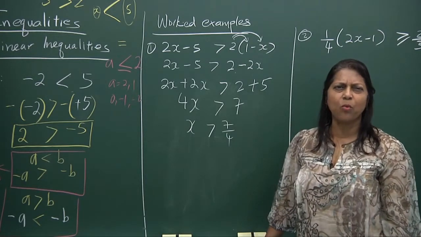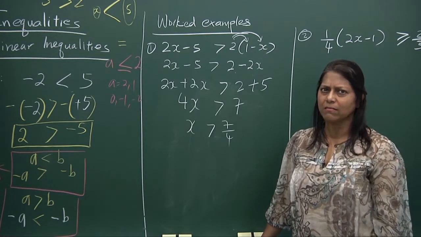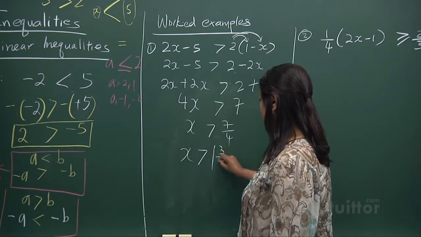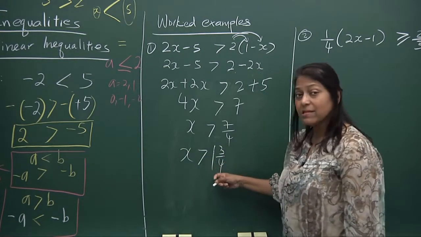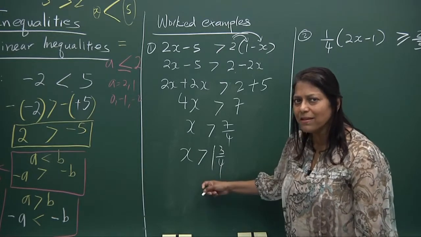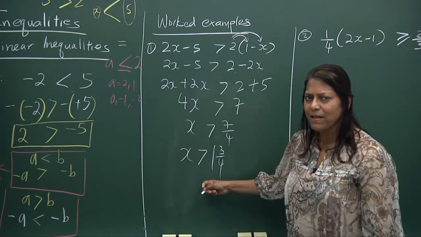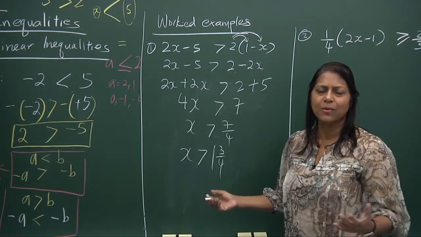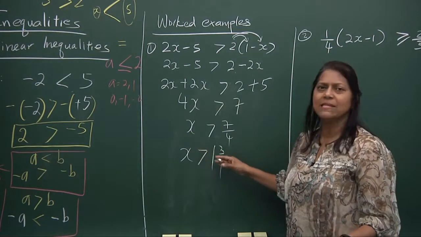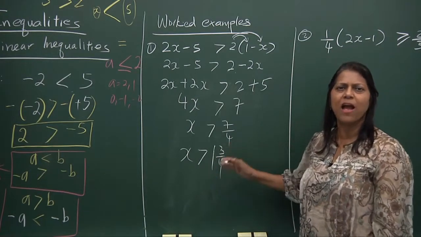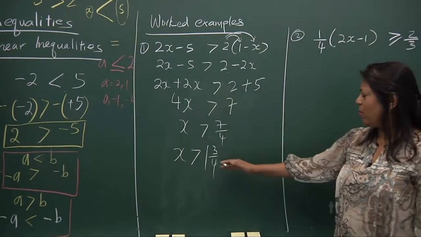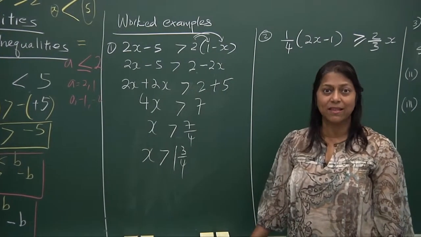7 over 4 is about 1 3/4, right? So if they ask, what is the smallest prime number here? X will be 2. Of course, I can't tell you the largest prime number because it's never ending: 2, 3, 5, 7, 11, 13, it goes on and on, the whole list as long as it's greater than that.